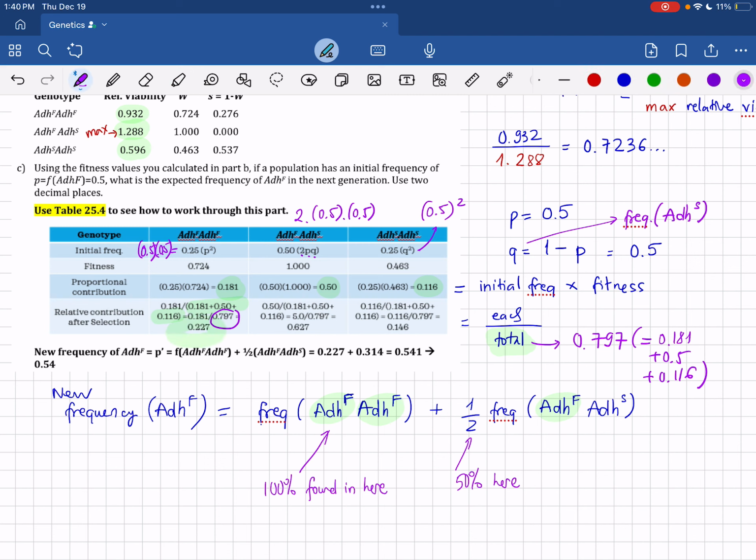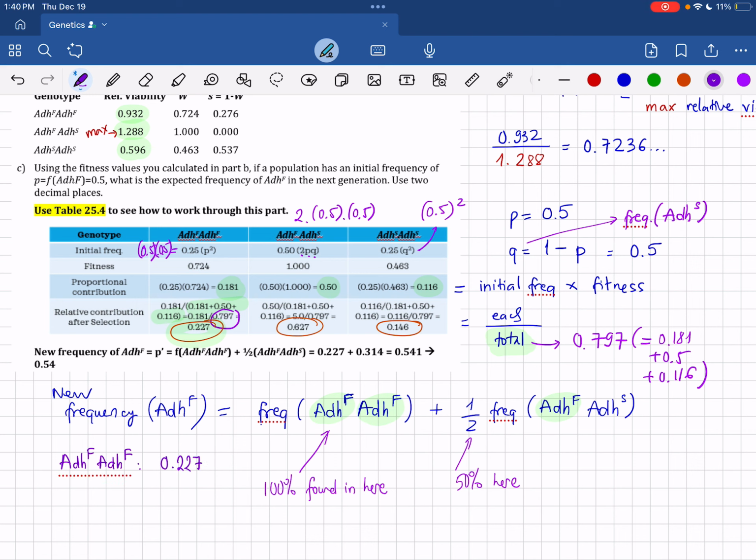So it means that the frequency for the homozygous ADH FF is 0.227.